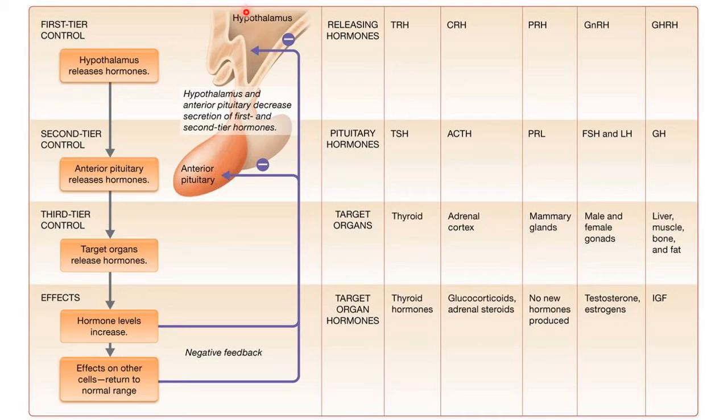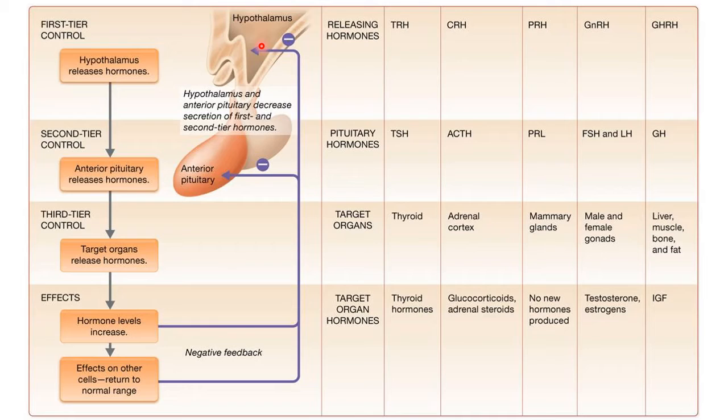The hypothalamus releases TRH that travels to the anterior pituitary, causes the anterior pituitary to release TSH. TSH travels to the thyroid gland and causes the release of thyroid hormone. Thyroid hormone controls the metabolism rate of your body, and it also has negative feedback. So it's going to prevent the release of TSH from the anterior pituitary, and it's going to prevent the release of TRH from the hypothalamus.